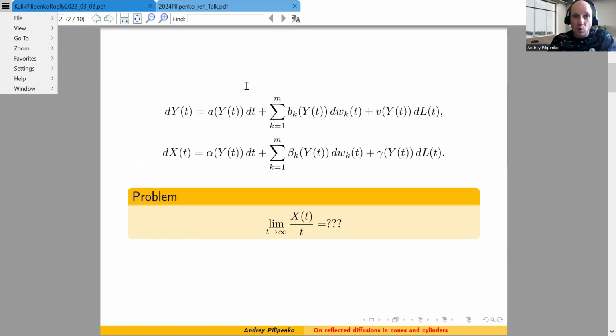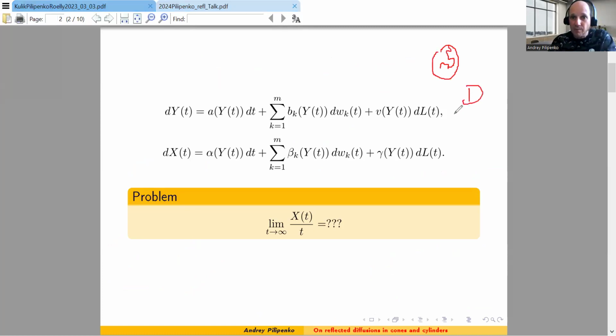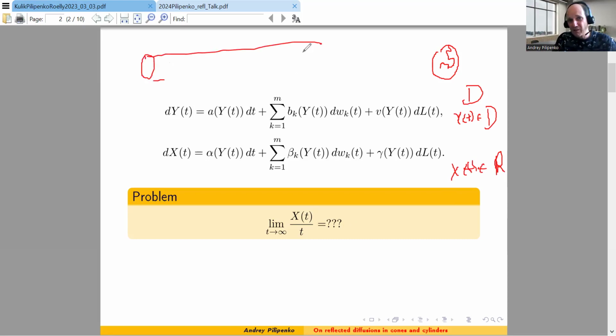The process y is the process with reflection in a domain D, so y_t belongs to D, where D is some smooth manifold or just a set in Euclidean space with smooth boundary, and D is a bounded set. And x of t belongs to R.